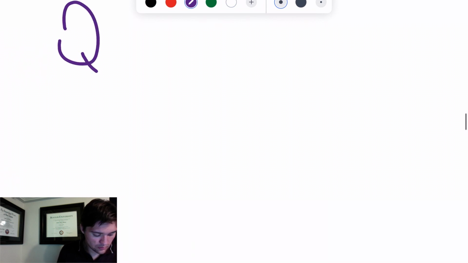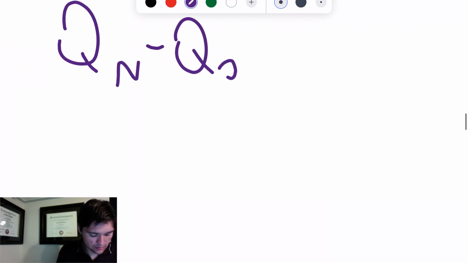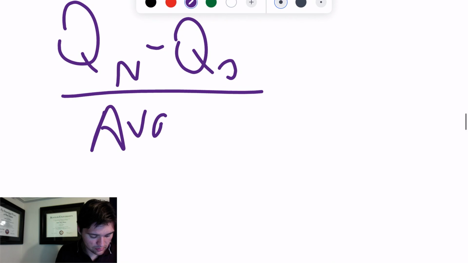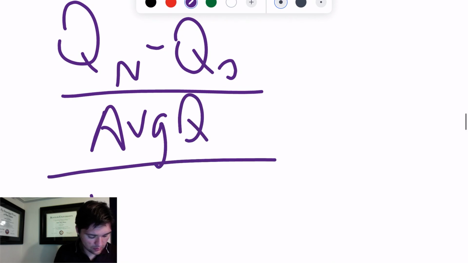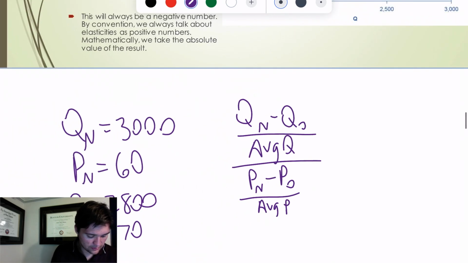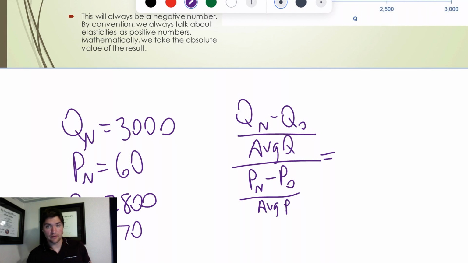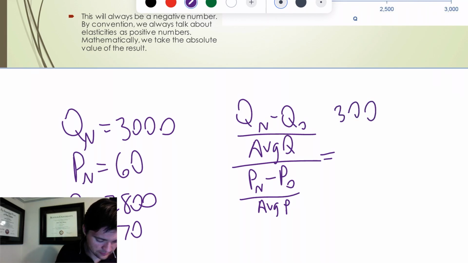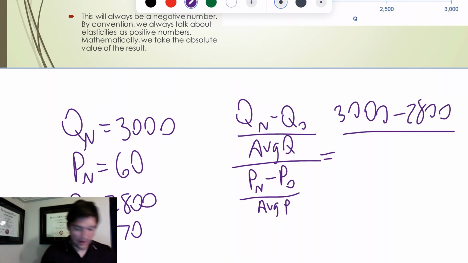We're going to do new minus old divided by average. So all we're going to do is take the information from the left and put it on the right. So that'll be 3,000 minus 2,800 divided by the average.